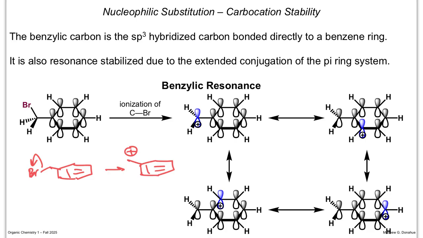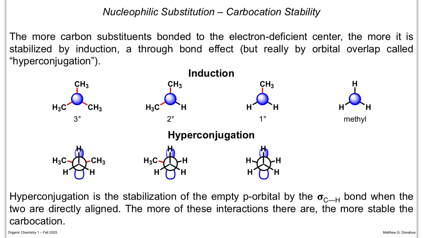And so that is related to the rate, because it's easier to form that. So those were the two special cases of allylic and benzylic.